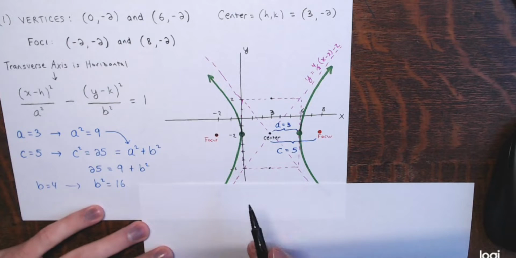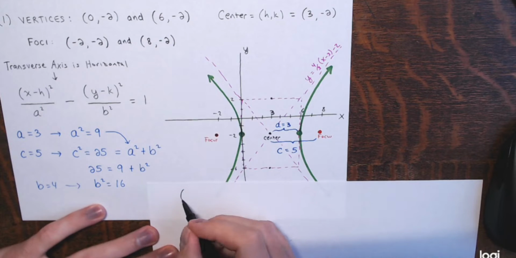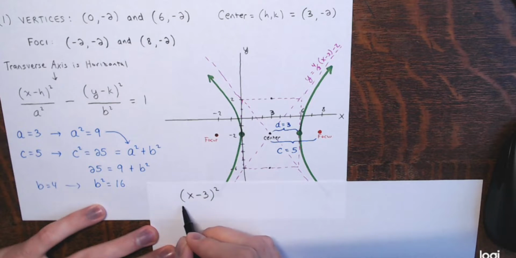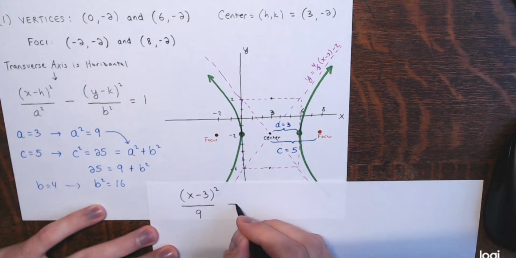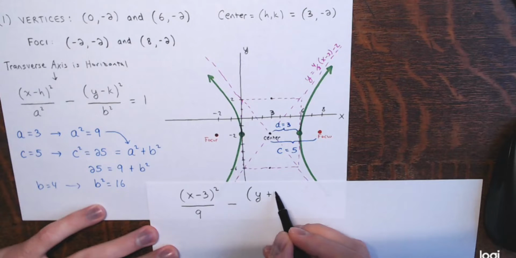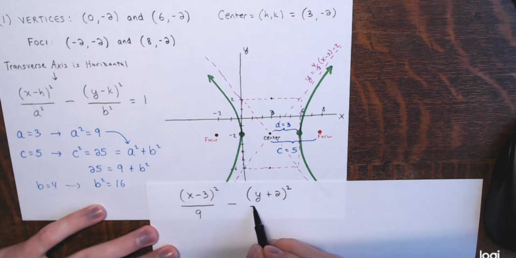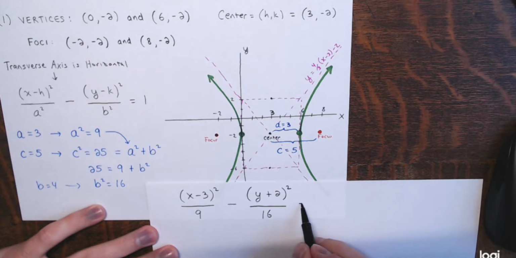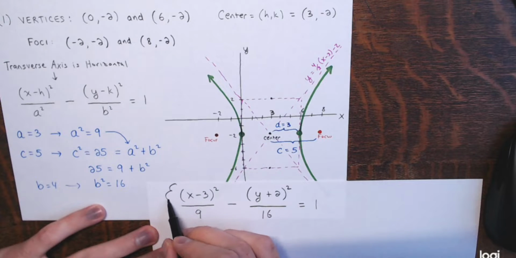So the equation of this is the quantity x minus 3 squared divided by a squared, right, divided by 9, minus, and then y minus k, which is y plus 2, right, because k was -2, squared, divided by b squared, which is 16, equals 1. And this is all finally what they wanted.